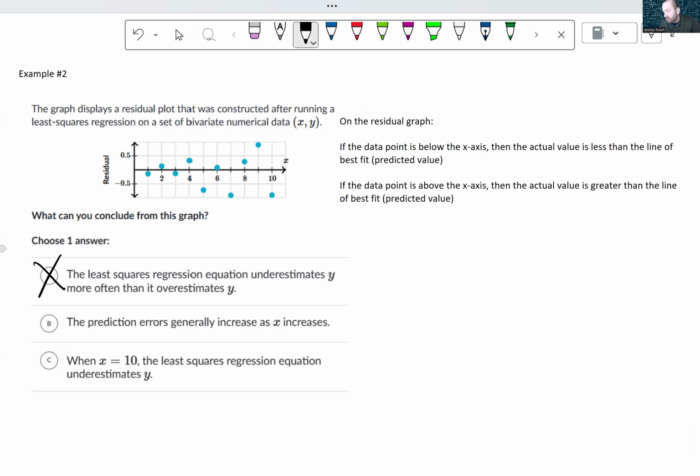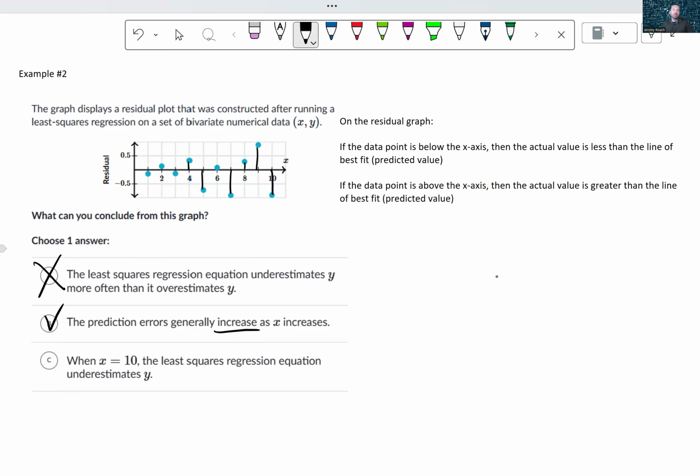But as we continue, x equals 4, now we've got more variation. x equals 5, even more. x equals 6, it looks like it's starting to go back toward the predicted value. But then when we go to x equals 7, 8, 9, and 10, now we're getting more and more variation. And so these errors are generally increasing. They're becoming more and more.